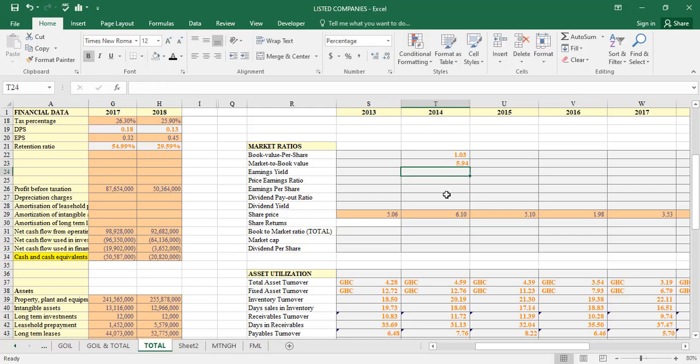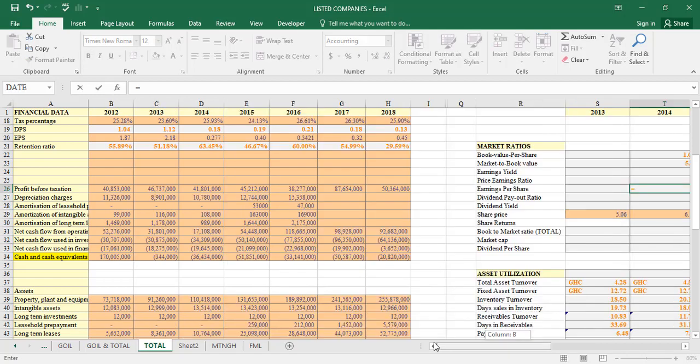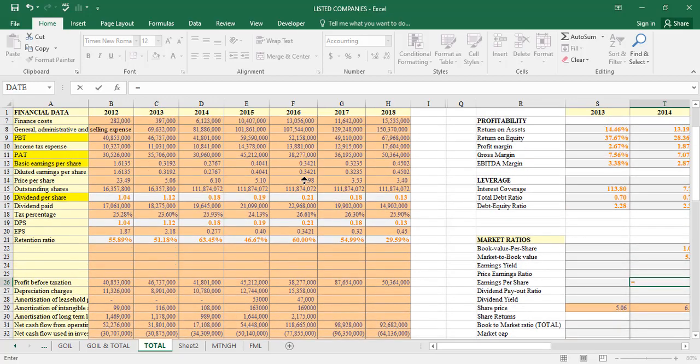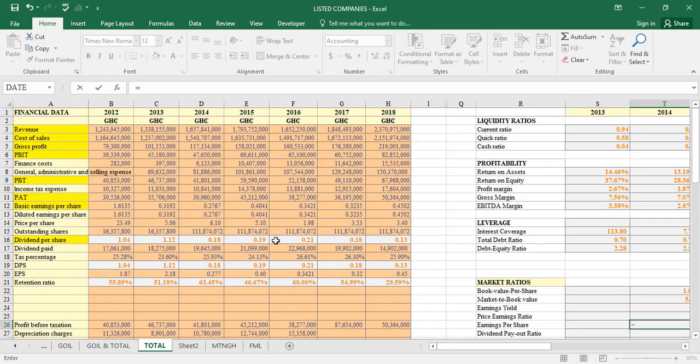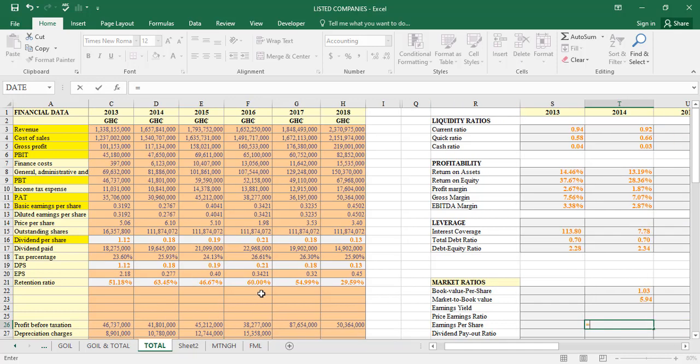Now the earnings yield, which explains how much investors are going to receive in earnings for every cedi that they invest in the company. We will need the earnings per share. So we need to estimate the earnings per share, which is the amount of earnings that is attributed to the shareholders of the company at the end of every period.